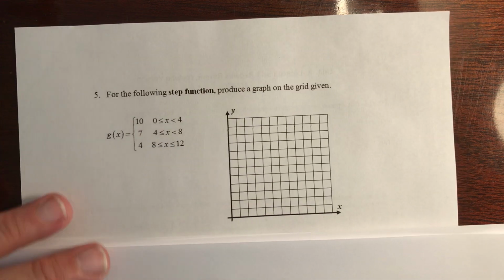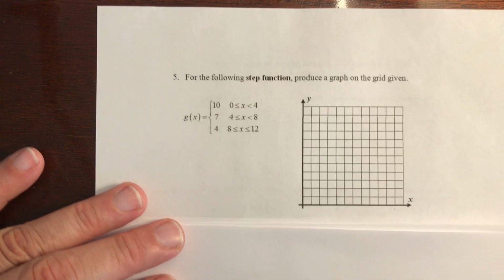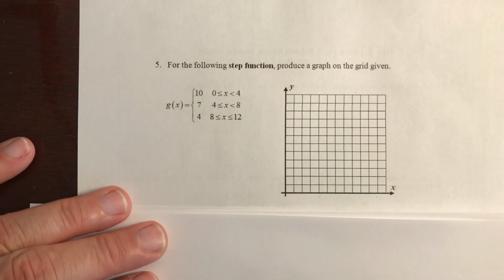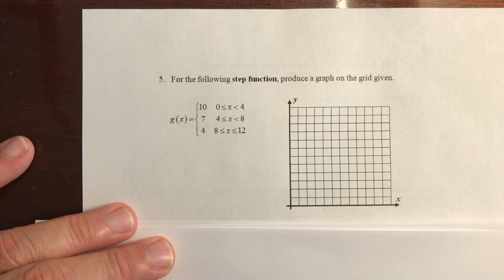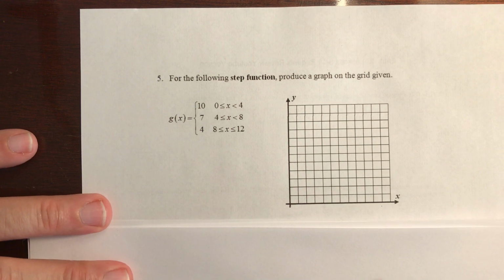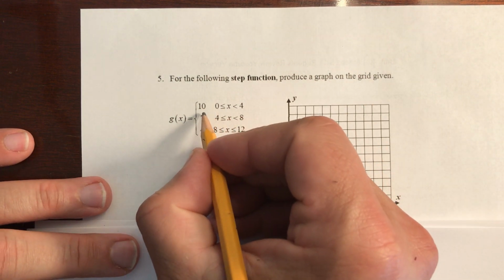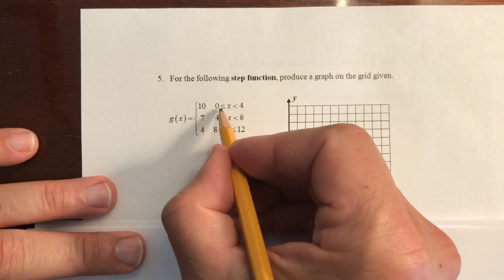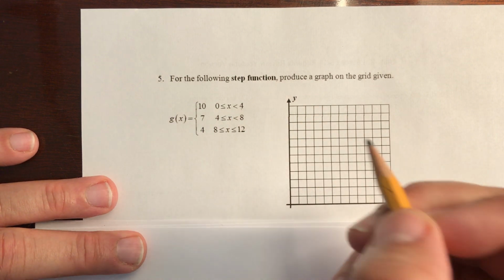Turn that over. And we're going to actually graph a step function here. Let me get it set. Okay. So they want you to graph 3 steps. One step is a height of 10. Well, how long do you want me to graph this? Well, from 0 to 4 on the x-axis.